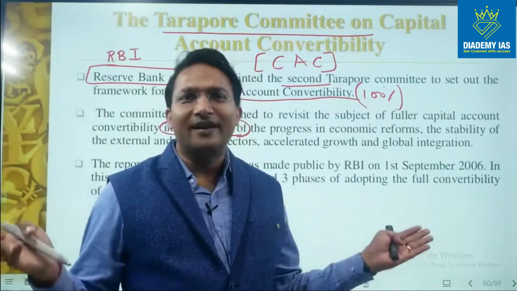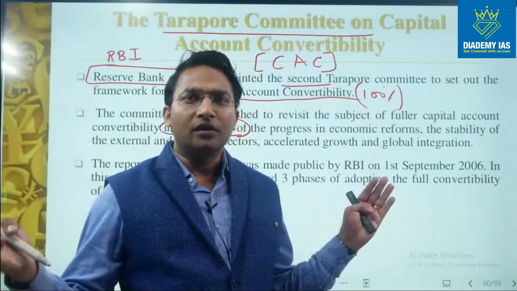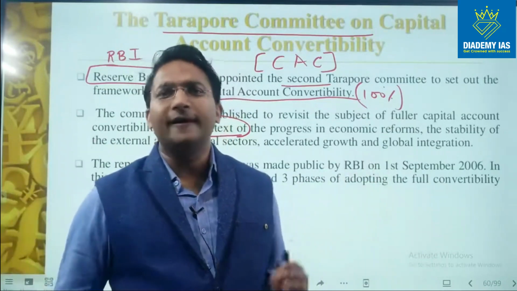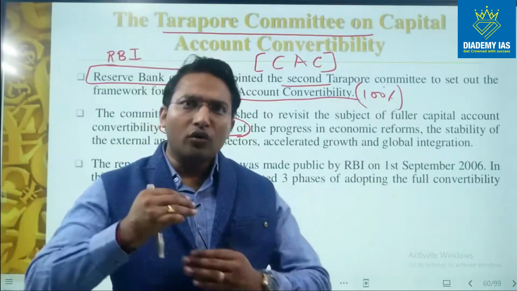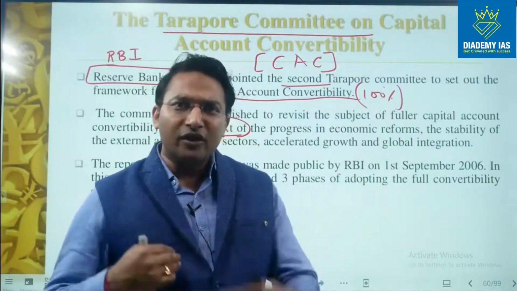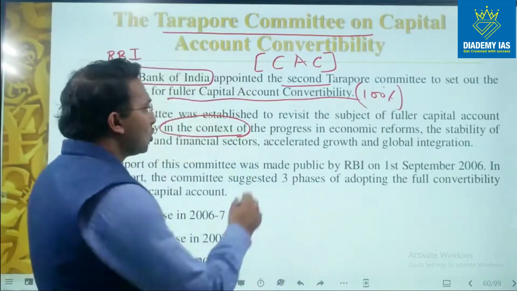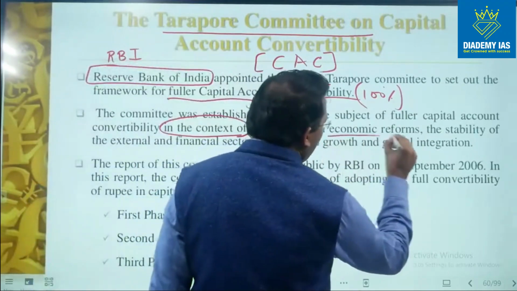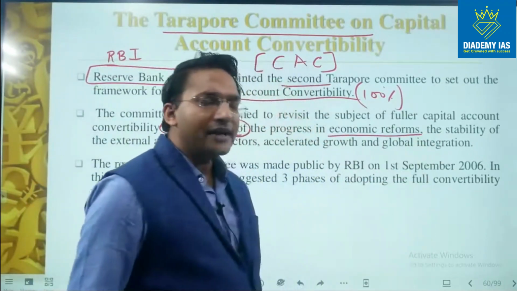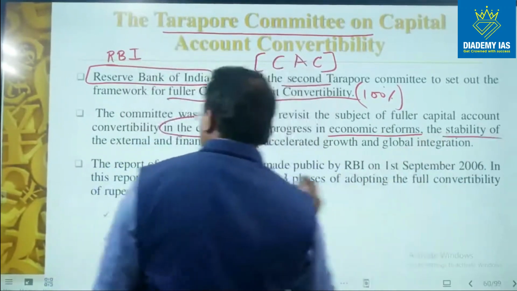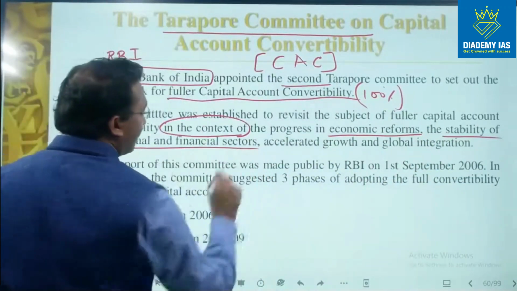There was no crisis at the global level, our economic growth rate was very high, and our foreign exchange reserves were very high. We were talking about liberalizing our economy to the next level, in the context of economic reforms and the stability of the external and financial sectors.